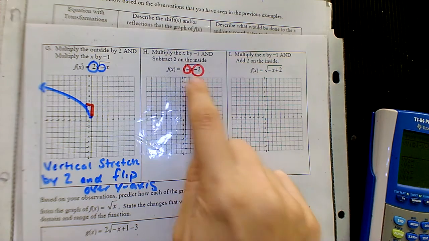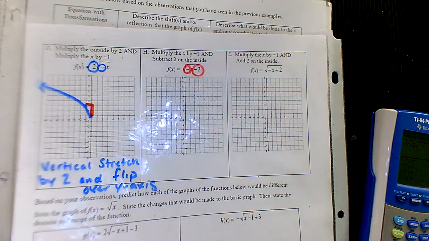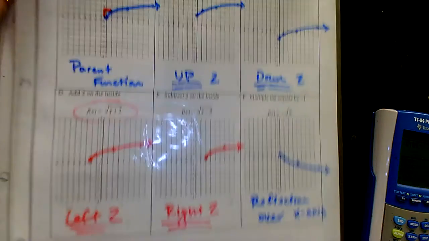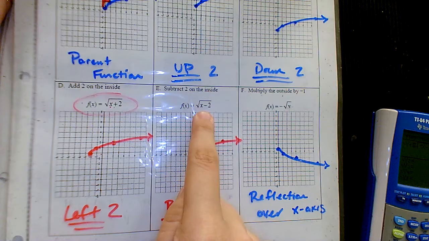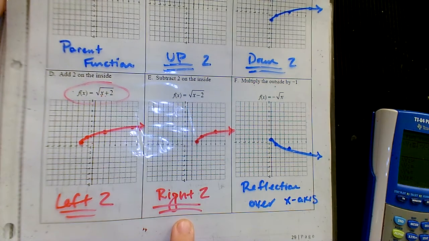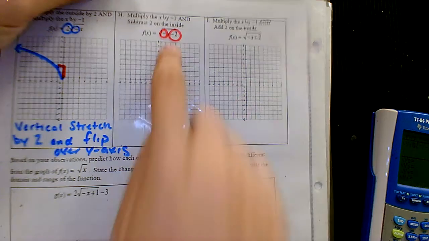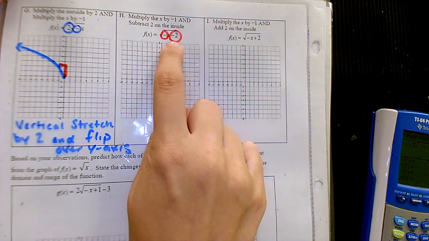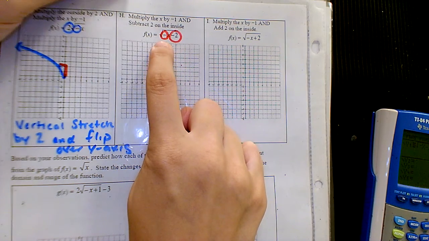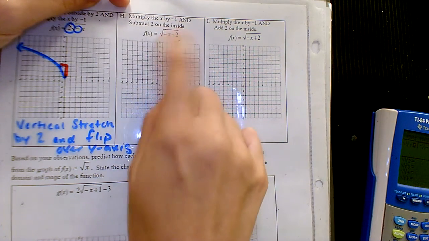Now let me ask you this. This -2 on the inside was very similar to this minus 2 on the inside, which we said moved right. So at first glance, maybe this should actually move right 2 and then flipped over the y-axis, just by looking at it.